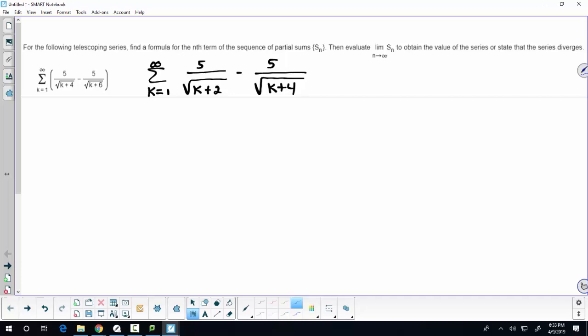So they do tell you it's telescoping, so we're going to look at the first few terms when k is 1.